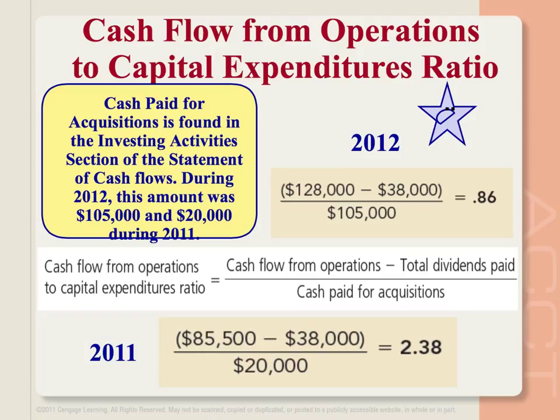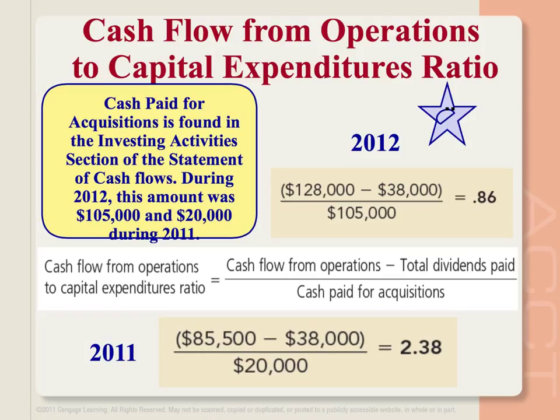These ratios tell us that in the prior year, Robbins generated cash from operations approximately 2.4 times greater than what was needed to acquire those assets or any assets. In the current year, it shows that Robbins generated cash from operations to cover only 86% of the needs. So that means that they had to go out and get some money to help cover that.